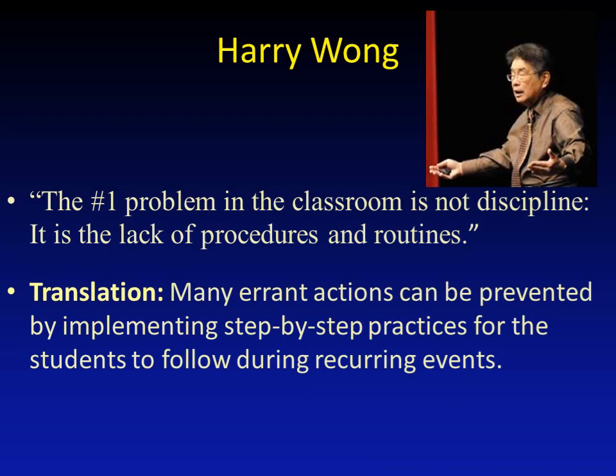And we can do so by giving those recurring events some structure so that the kids know what to do during those happenings. They need to know what to do and how to do it in order to display it. And then they need to be reinforced by us if we want them to continue showing those actions under those circumstances.